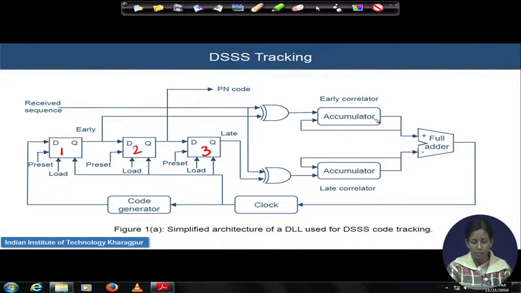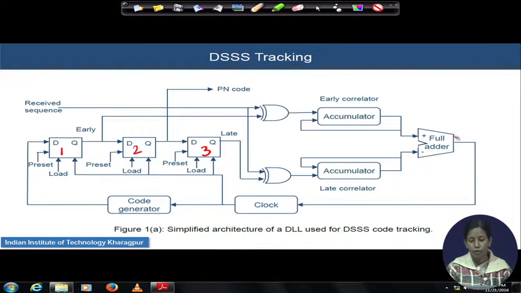Inside the accumulator there are the correlators. This is a correlation operation going on inside it, and this is the early correlator because it utilizes the early code, and the lower accumulator output is called the late correlator because it is correlating the late gate output.